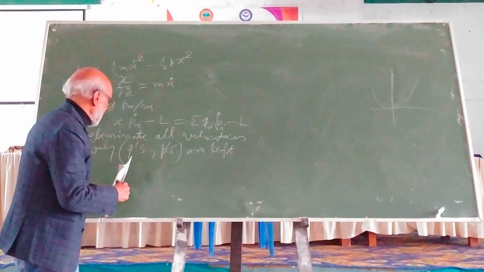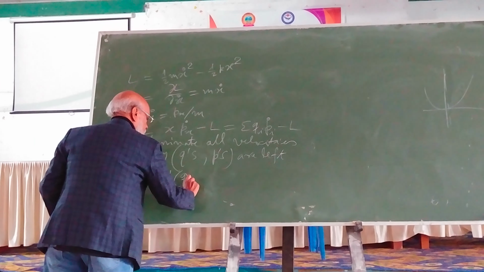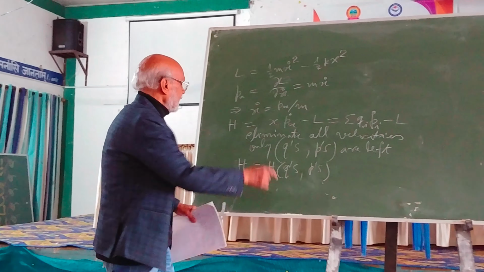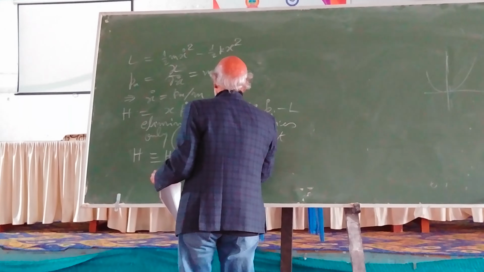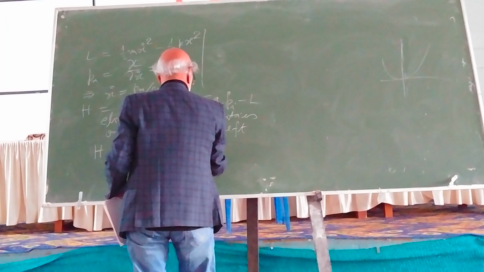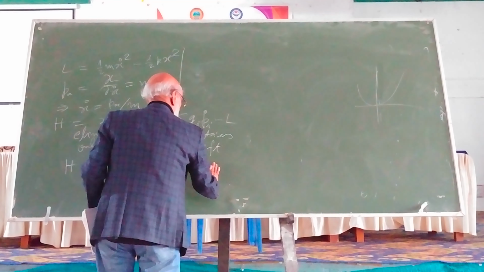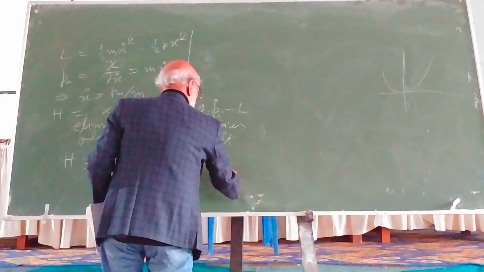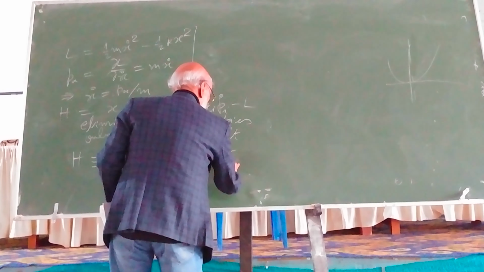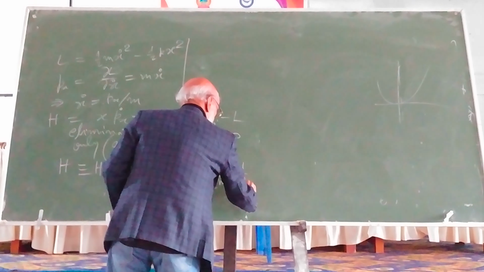So H depends only on Q's and P's. Okay? And in this particular case, you can easily find this will come out to be, let me write here, H equal to Px square by 2m plus 1/2 kx square.